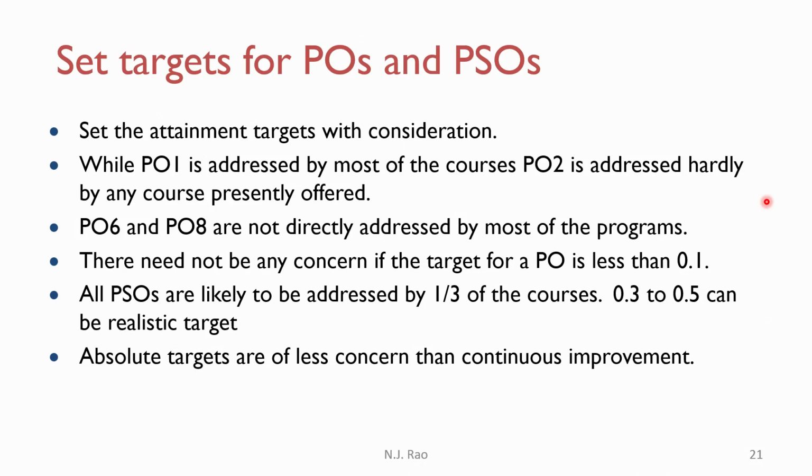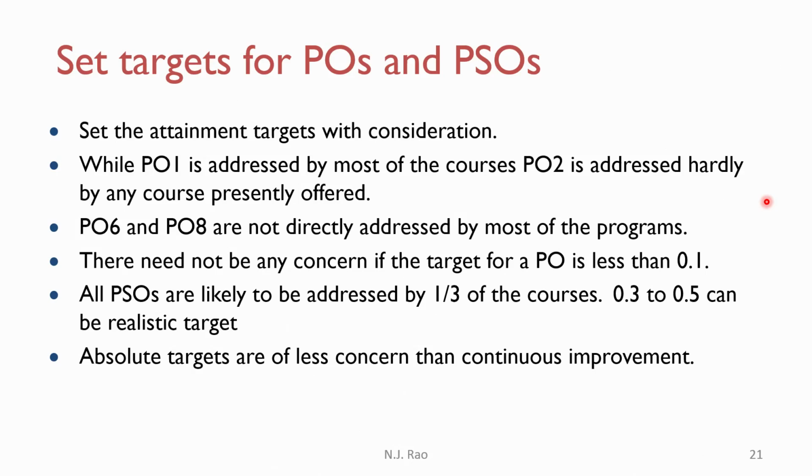And coming to PSOs, if you write your PSOs, let us say something like 2 to 4, any course will come only under one PSO. Generally, if you write based on the streams that every program has, though one can mix those, by and large all PSOs are likely to be addressed by 1/3 of the courses, not more than that.